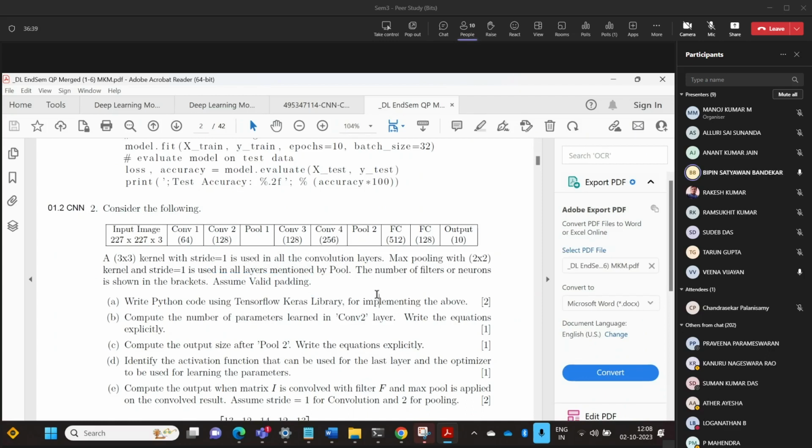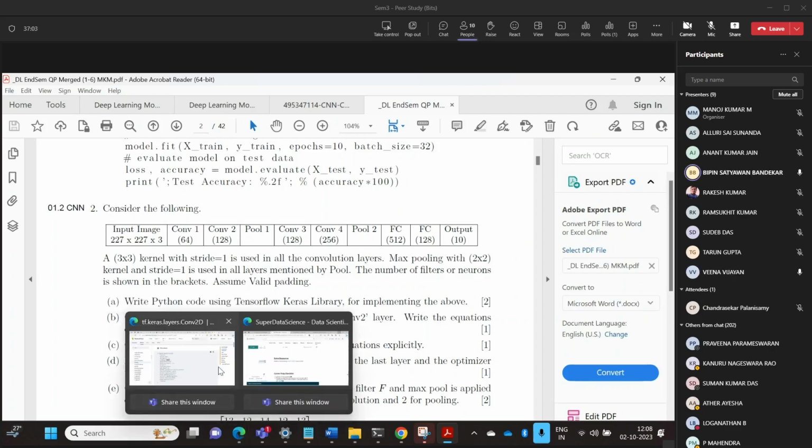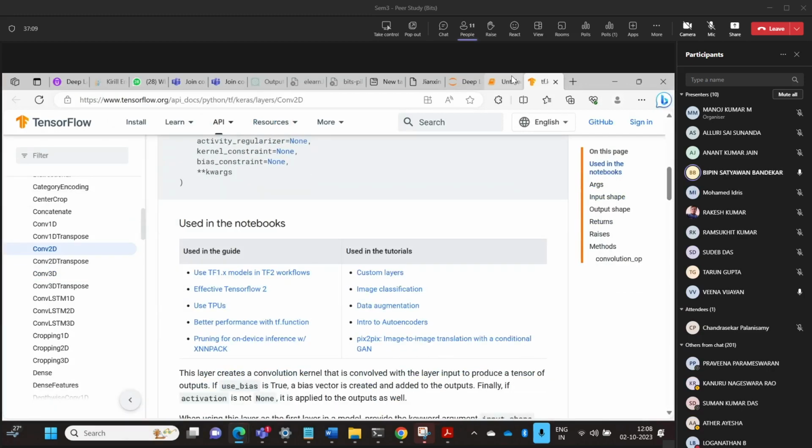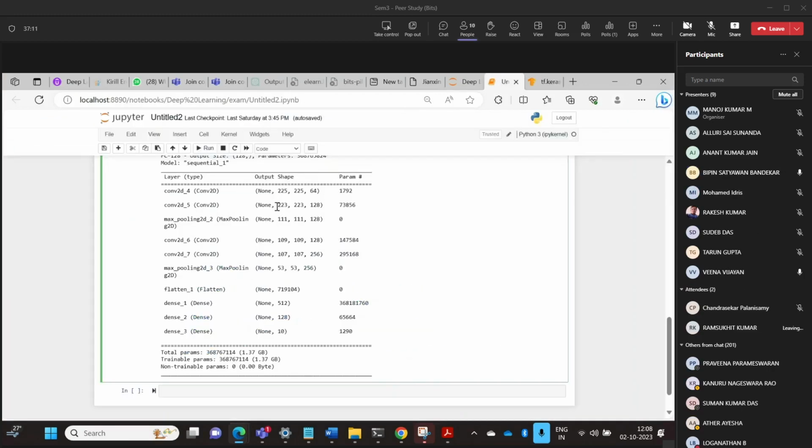Now the second convolution, again stride is 1, right? So it will again give the output as 223 by 223 by 128, right?